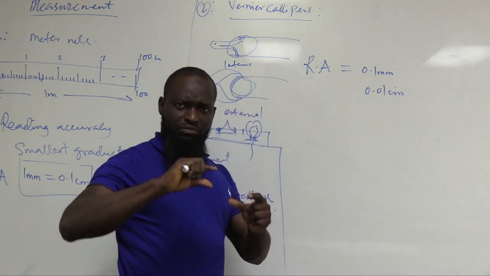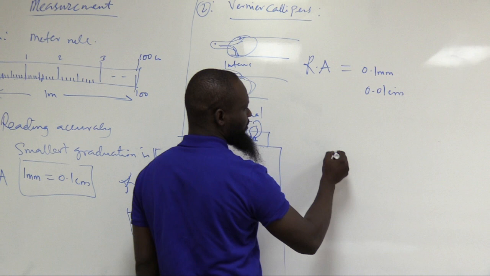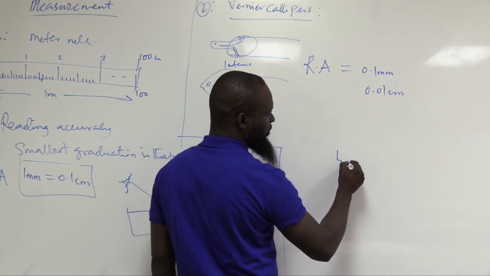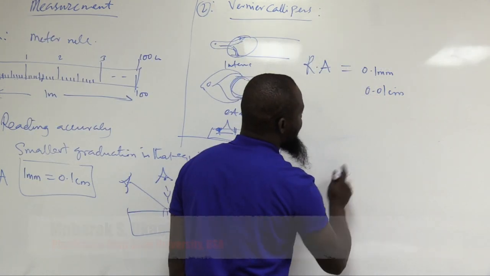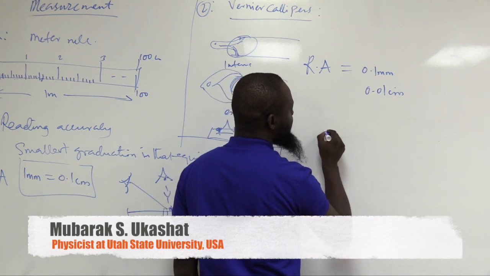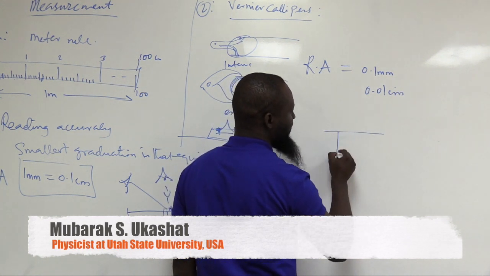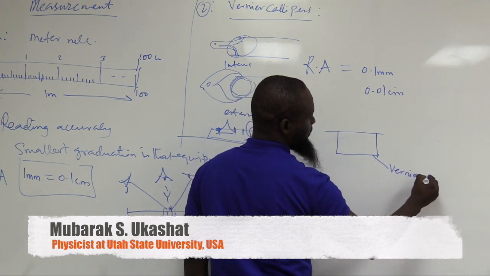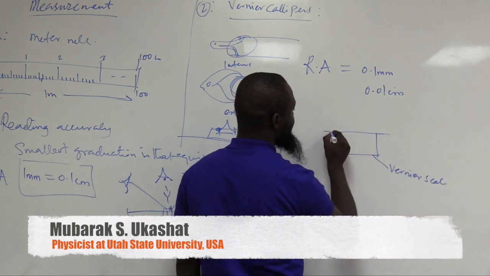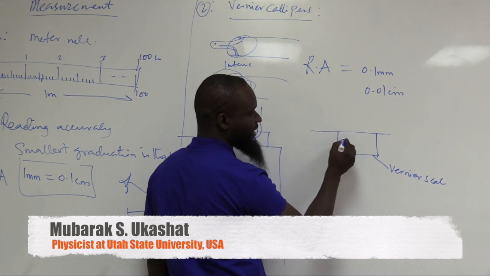So when we want to measure the external diameter of some tube, we place the tube in here, as you can see on your screen, or the internal diameter of something, we look at the main scale and the vernier scale. The vernier scale is down here, and the main scale is up there. Let me magnify this.